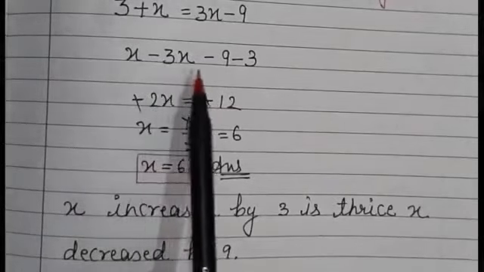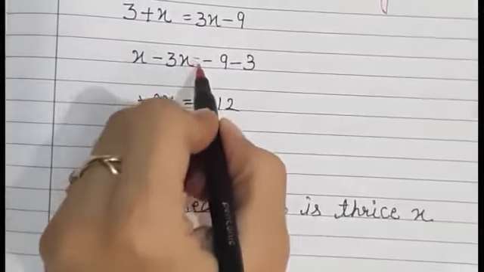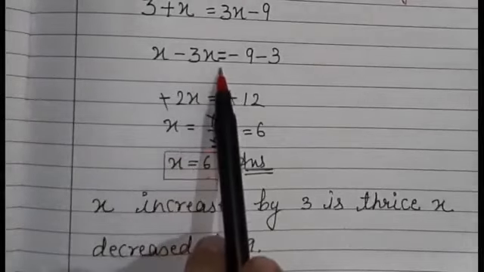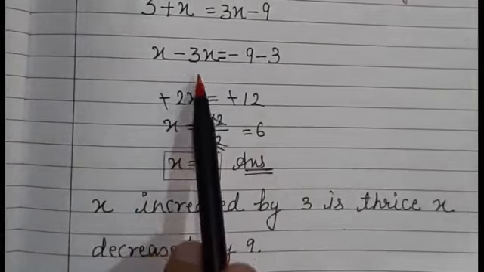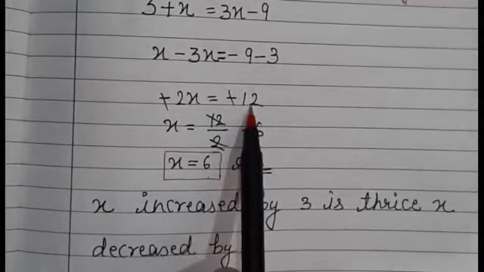So x minus 3x is equal to minus 9 minus 3. x minus 3x will be minus 2x and minus 9 minus 3 will be minus 12.